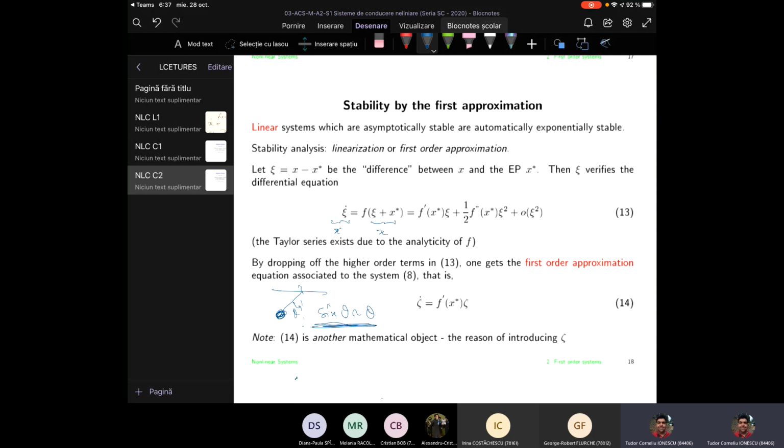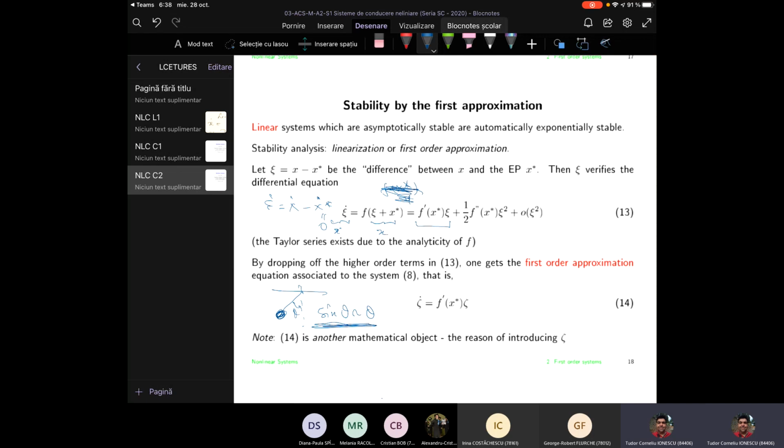Because if you do psi dot, it is x dot minus x star dot, but this is 0. You agree? So psi dot equals x dot, right? And in this case, you can easily write this thing. And as you can see here, this is the term that counts. Of course, we could write here plus f of x star, but since x star is an equilibrium point, this is 0. That's why we don't write it anymore.